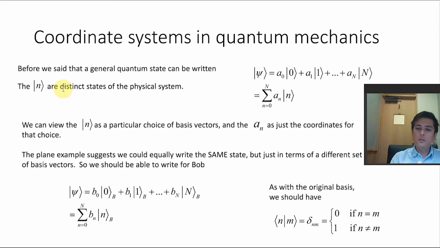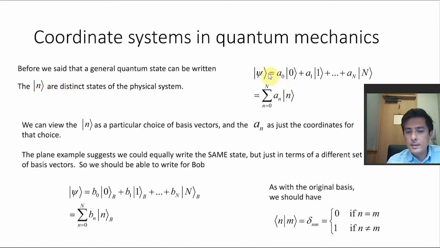Examples are some electron that goes left or goes right. These are different states. Or in an atom, there are different energy levels, some high excited states or some lower ones. Whatever it might be, these are different distinct states of the physical system.